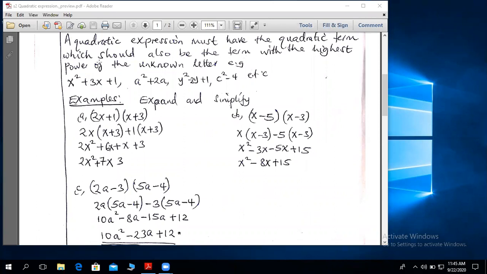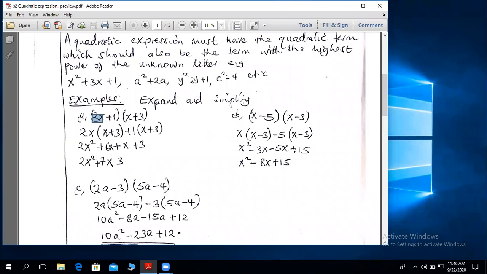We agreed the other time that we first get this 2x and multiply it by the whole of the second bracket, so it will be 2x into x plus 3. Then after that, we add this 1 and again multiply it by the whole of the second bracket, which is plus 1 into x plus 3.